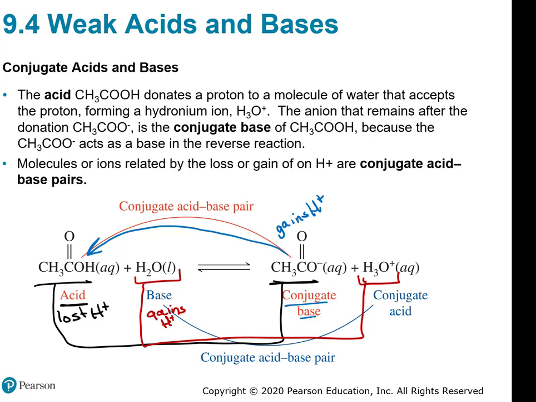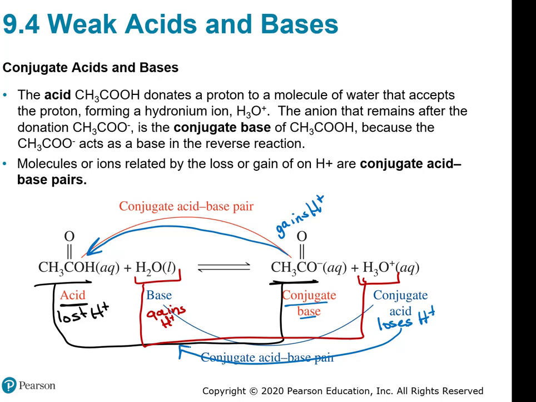The conjugate acid is the product that loses it. So if I go in the opposite direction, do you see that this loses its hydrogen ion when it reforms water? So in the reverse, as well as the forward, you can identify an acid and a base pair.